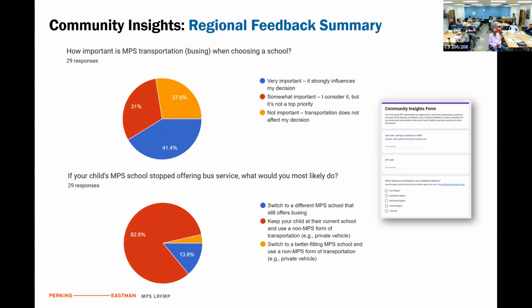The other options being shift to another MPS school that still offers transportation, or switch to a quote unquote better MPS school fit that also doesn't offer transportation, but maybe, since that's no longer a variable. We realize these questions have shortcomings as well in terms of families that may shift to go outside the district altogether, but it at least gives us some interesting content to think about for future engagement and what might inform people's decision making. So planting seeds there.